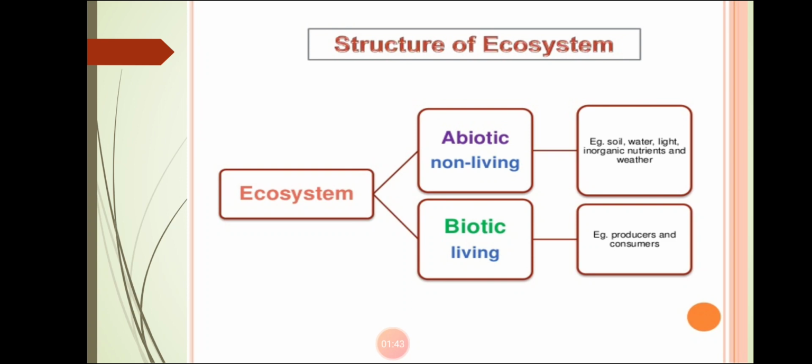Okay, the word abiotic itself indicates without life, without bio, and here only non-living things are included. Examples are soil, water, light, inorganic nutrients, weather, etc. And when I say biotic, it includes producers and consumers.